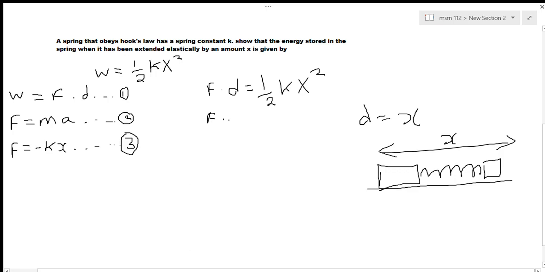Fx is equal to half kx squared, like that. Then where there is F, you put negative kx. So negative kx times x is equal to half kx squared, like this.